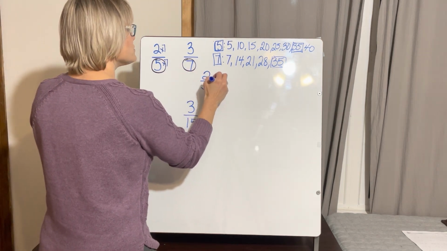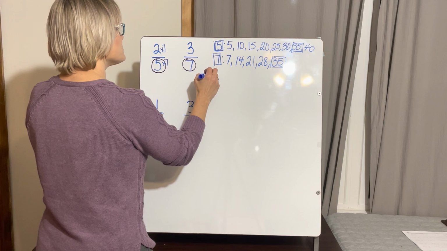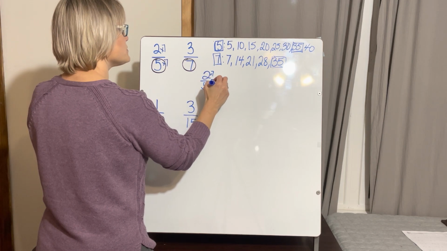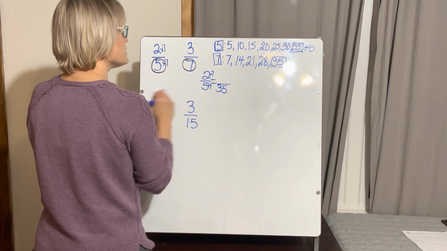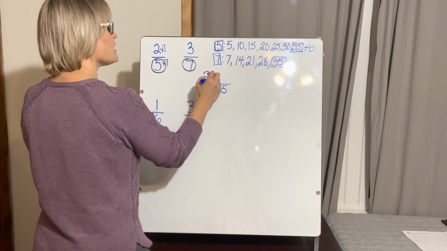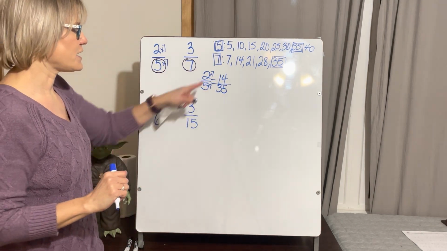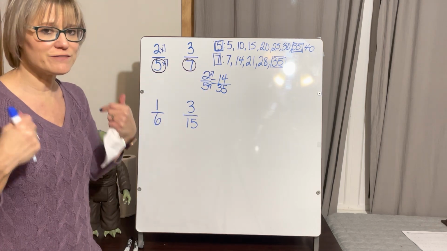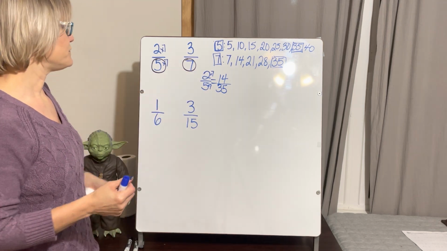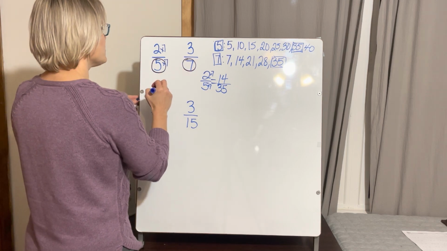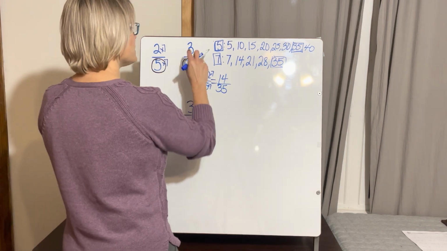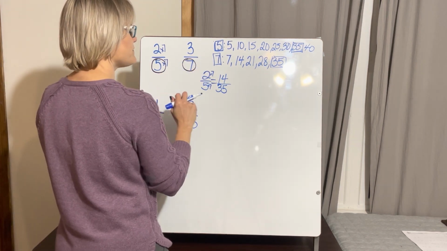So 2/5 times 7 over 7: 5 times 7 is 35, and 2 times 7 is 14. So I've got 14/35, and 14/35 is equivalent to 2/5. Then I'm going to look at my 3/7.